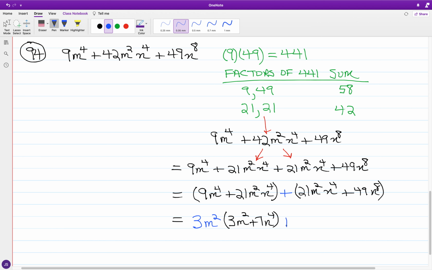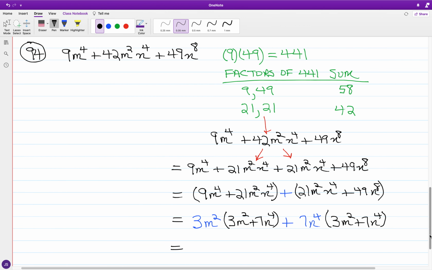And we bring down the addition. And for the last two terms, we have 7 and the variable n to the 4th. And factoring, we have another 3m squared plus 7n to the 4th.